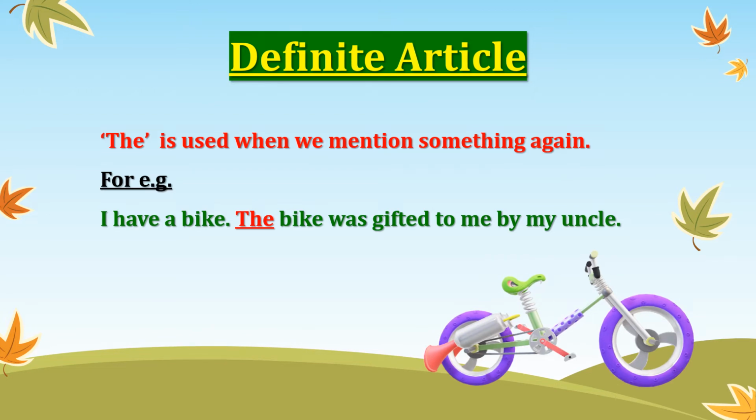First time I have used the article a because we are just talking about any one bike in general. The bike was gifted to me by my uncle. So here we are again talking about that same bike. So second time we are going to use the article the, because in the second sentence this bike is now specific, particular.